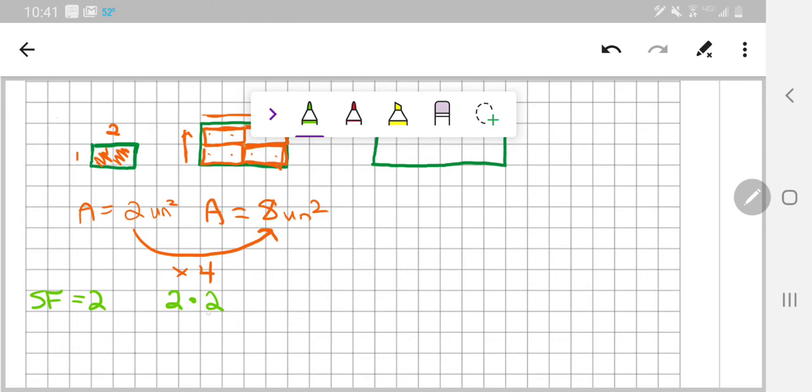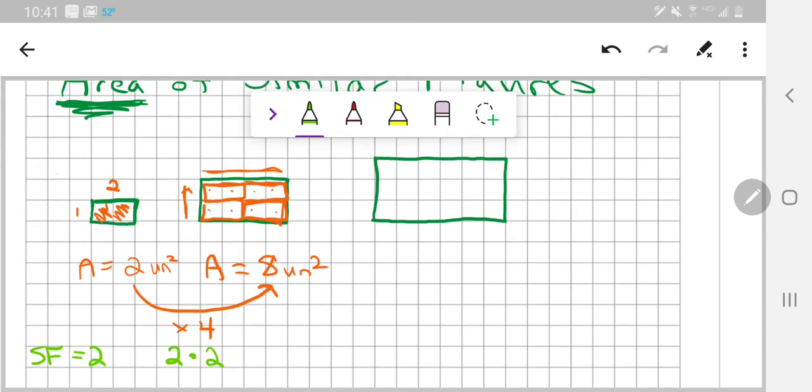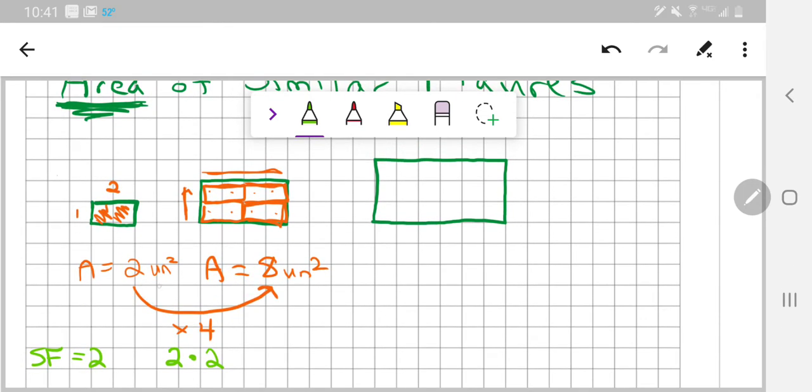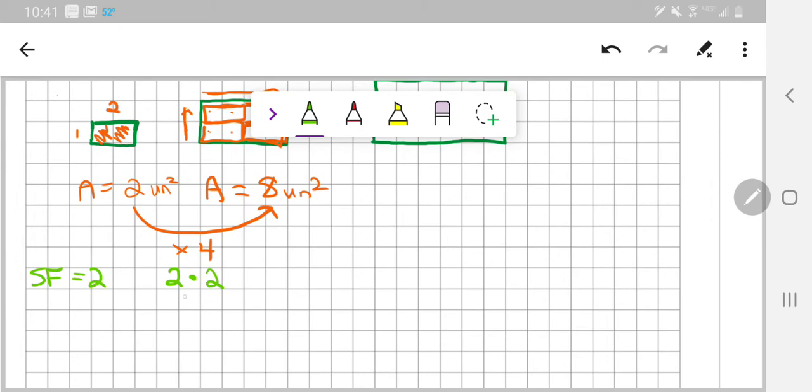All right, so we'll see this pattern happening over and over again, and so we can make it into kind of a rule, but the area factor is always just the scale factor times itself. All right, the scale factor times itself, or we can say the scale factor squared. All right, so the area factor is just the scale factor squared.